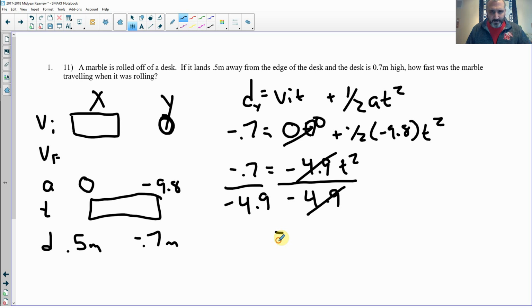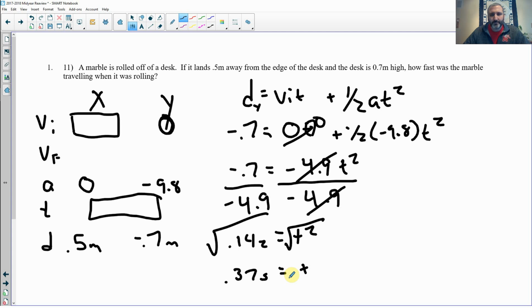That should give us a t squared of 0.142 seconds. And then we want the square root of that, because we don't want t squared, we want t. t should be 0.37 seconds. So that is what can go here. I hope that makes sense.